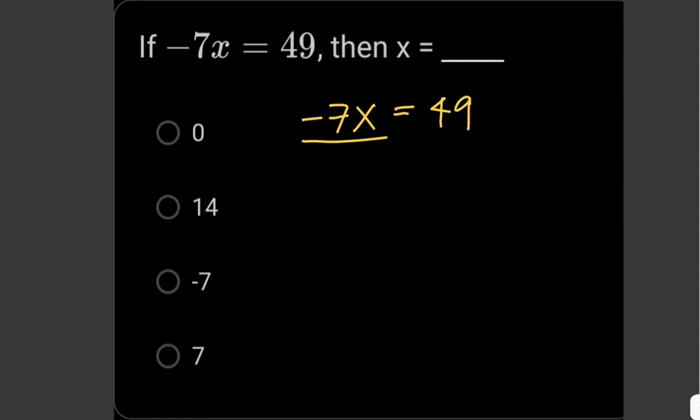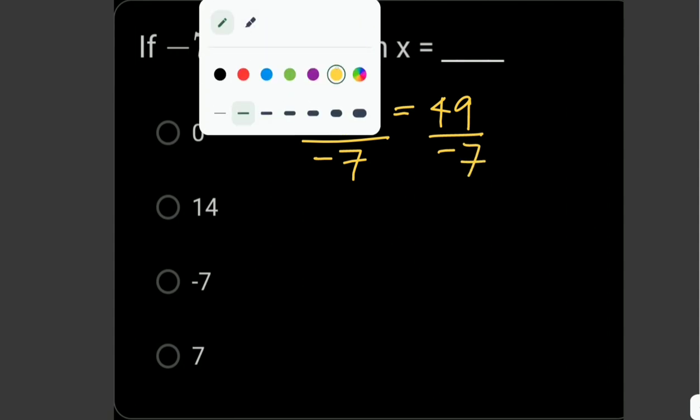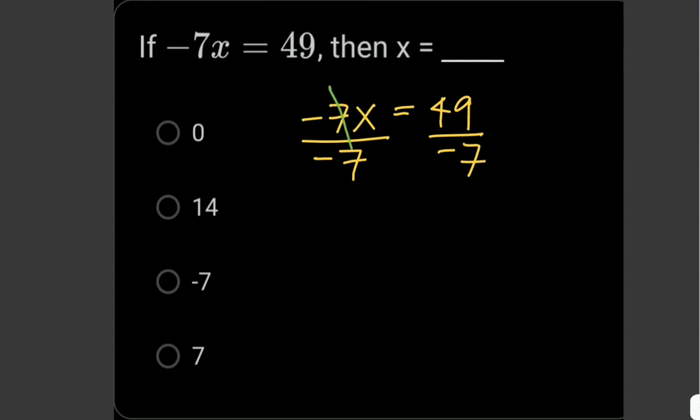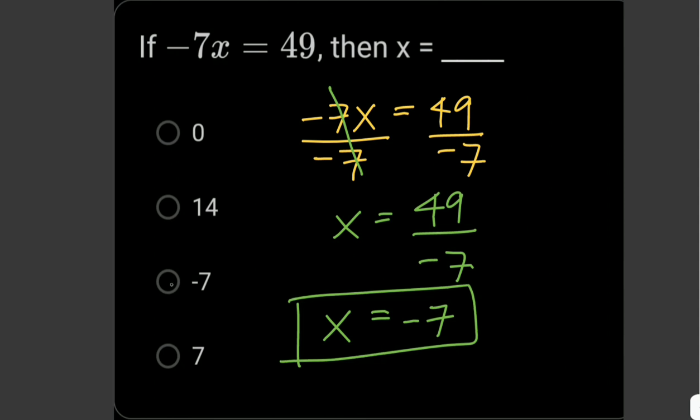So we divide this by negative 7 as well as this one, and then negative 7 here on the left cancels out, then we're left with x equals 49 divided by negative 7. And notice here that 49 is divisible by 7, and 49 divided by negative 7 is just equivalent to negative 7. So the answer here is this one.